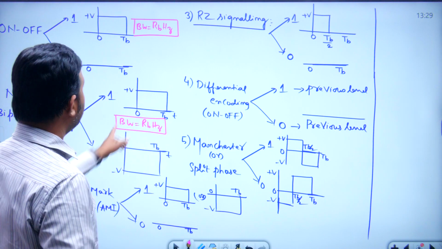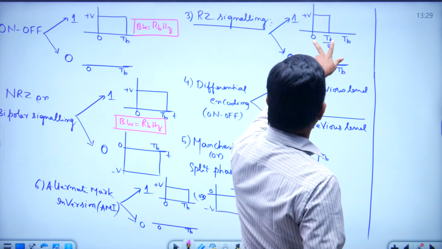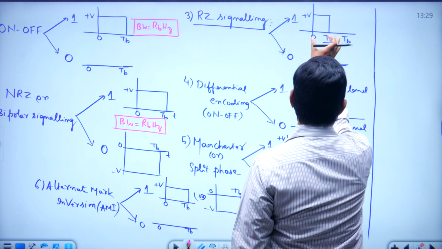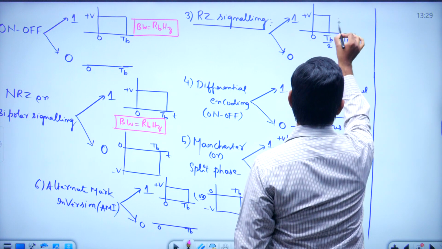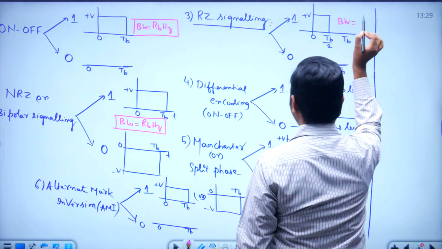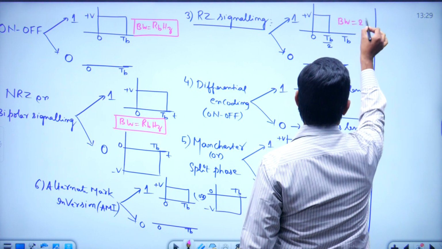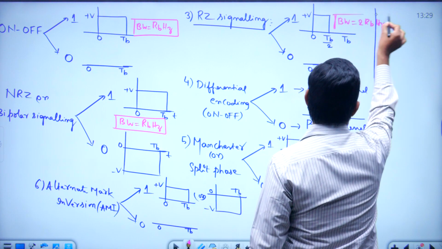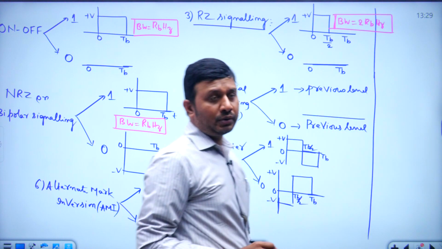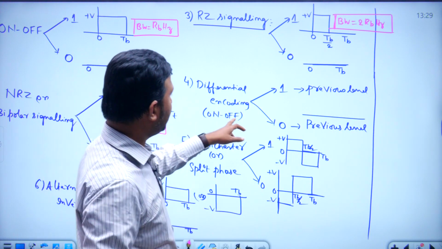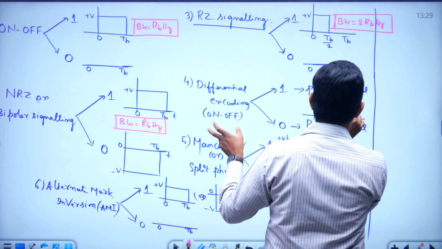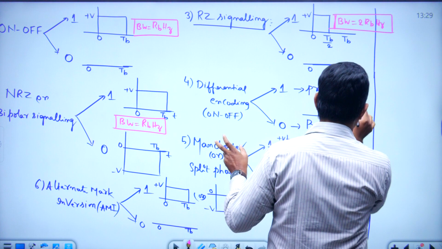Now, third one, here I am going to use a rectangular pulse of half of the width. Compression in time domain is equal to expansion in frequency domain, so opposite effects take place. So, bandwidth will be 2 RB hertz. And coming to differential encoding, I am using on-off, so bandwidth is RB hertz.